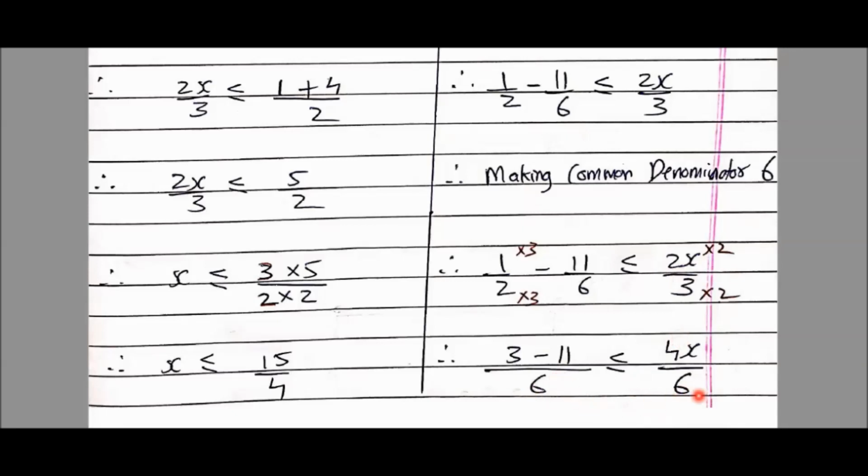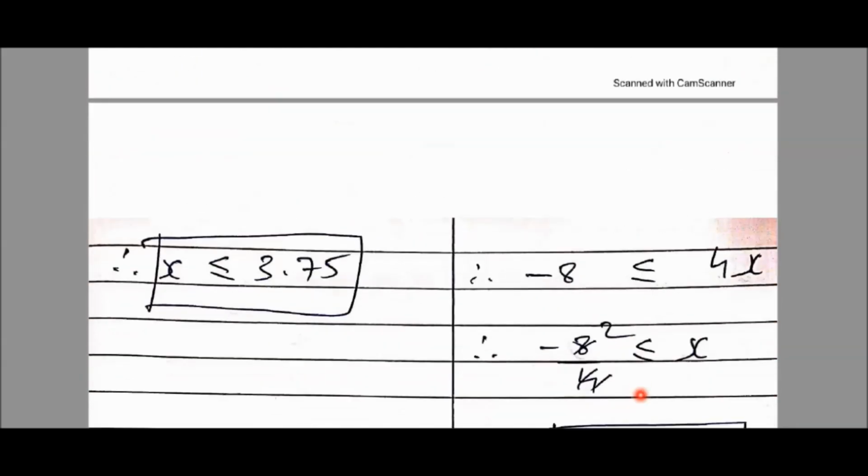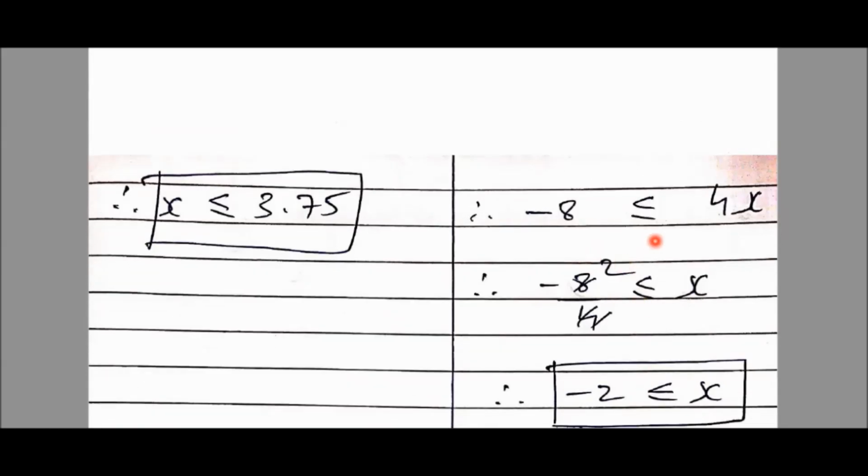I can say this 6 and this 6 can be cancelled out. So we will remain with 3 minus 11, which is minus 8, less than equal to 4x. Yes, minus 8 is less than equal to 4x. 4 ones are 4 goes down, 4 twos are 8, so minus 2 is less than equal to x.